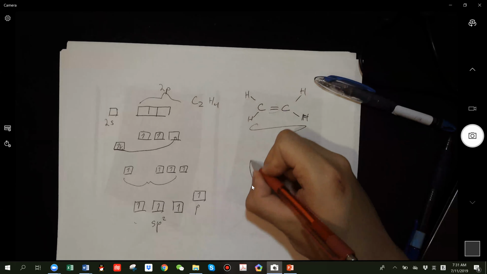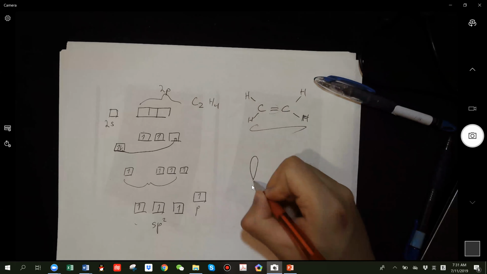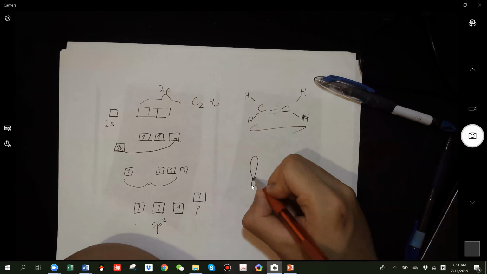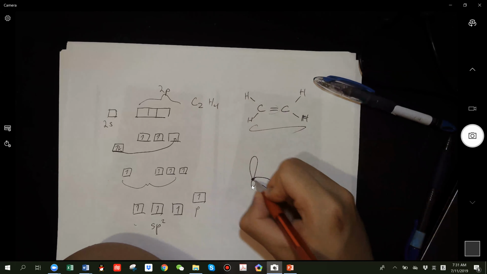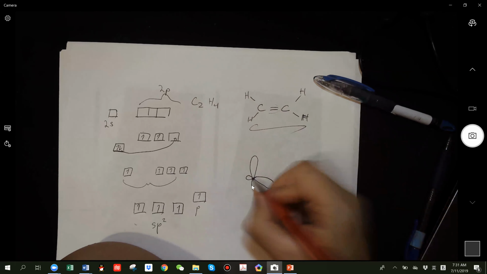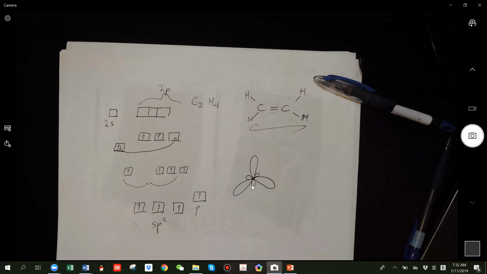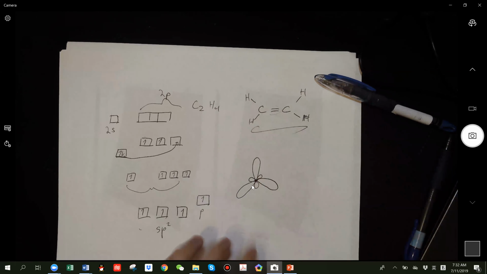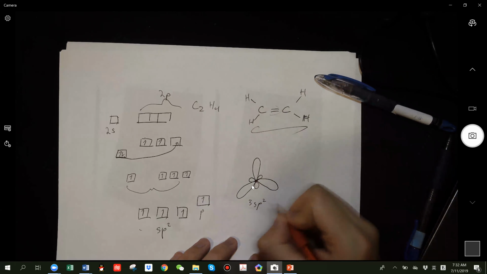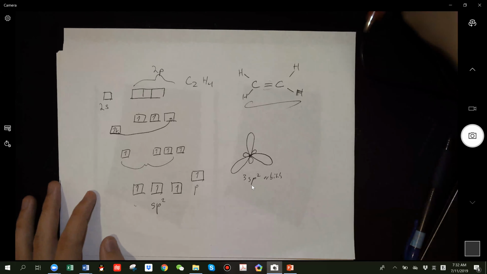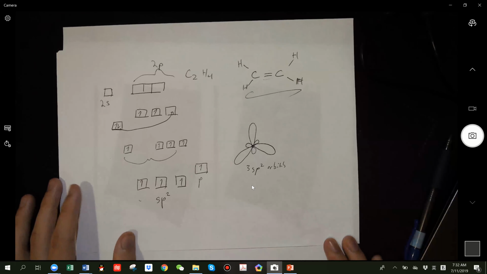You have one big lobe and then a little lobe. If you arrange these around the atom, it looks a little something like this. So these are our 3 sp2 orbitals. Okay. So now we're ready to draw our bonding diagram.